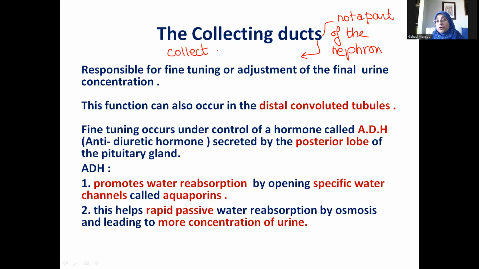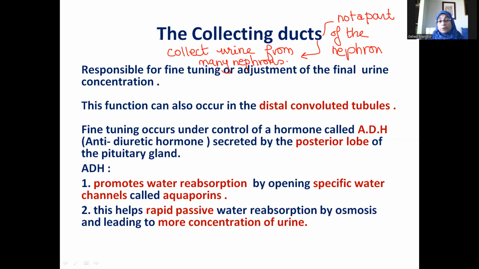So the collecting ducts collect urine from many nephrons. And although we call it urine, there is some adjustment that will be done to that urine, meaning that the filtrate that comes out of the distal convoluted tubule of the nephron is called urine, but there would be some more adjustment that occurs in the collecting duct.